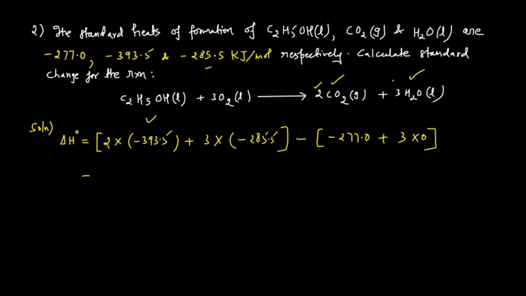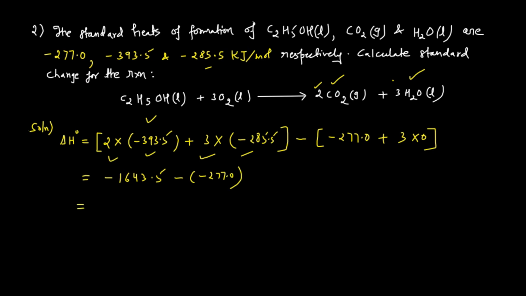So if you solve this further, you will have minus 1643.5. So you multiply 2 with this one and then 3 with this one, and then you add both of them together to get this particular value, and then you have minus minus 277.0.